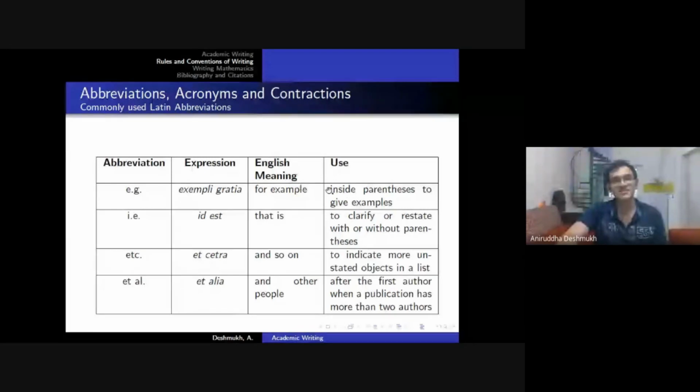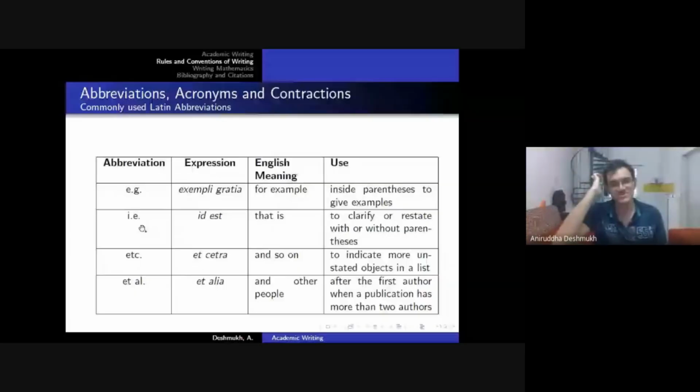The second abbreviation which we use is i.e. In Latin, the expression is id est, and the English meaning is that is. And it is used to clarify what we have already stated or simply restate the previous statement in other words. And this can be used inside parentheses or outside parentheses. That depends on the situation.